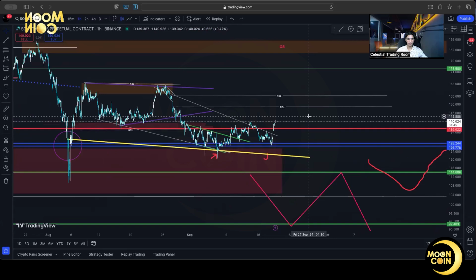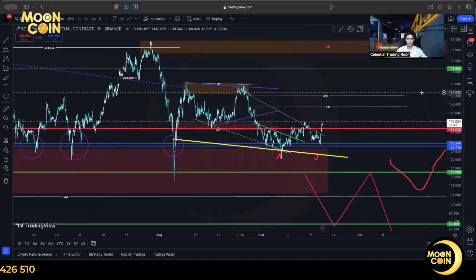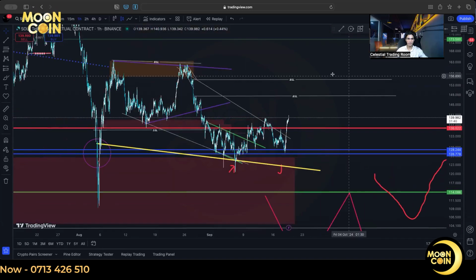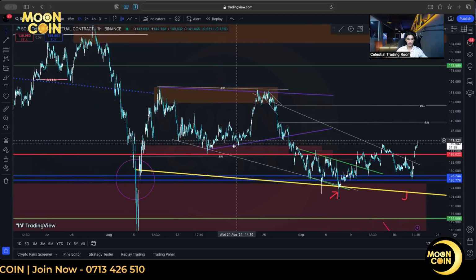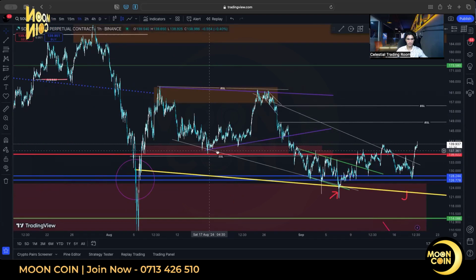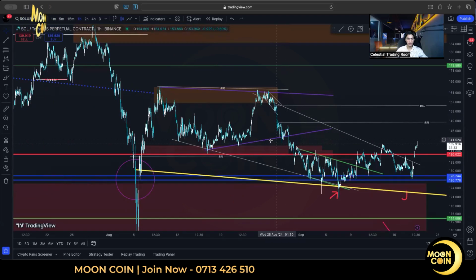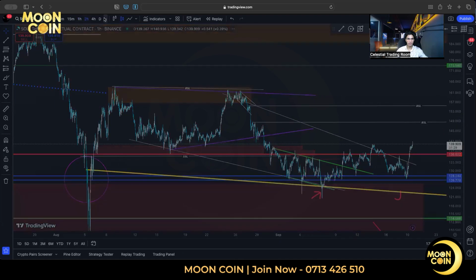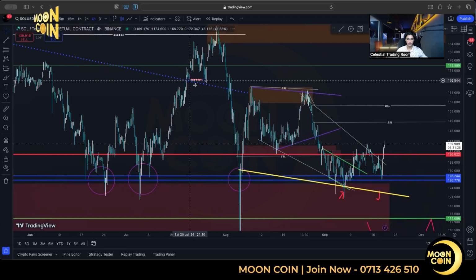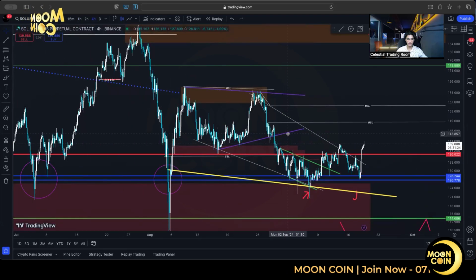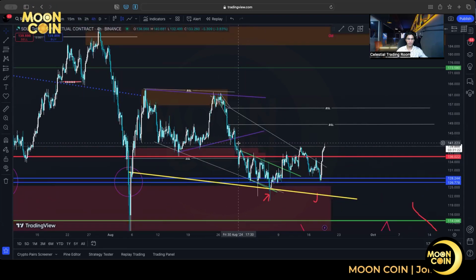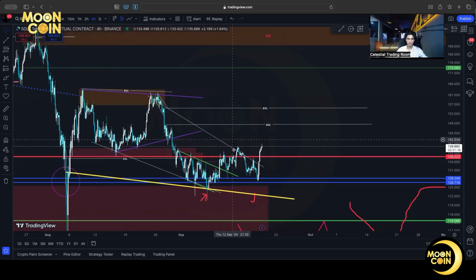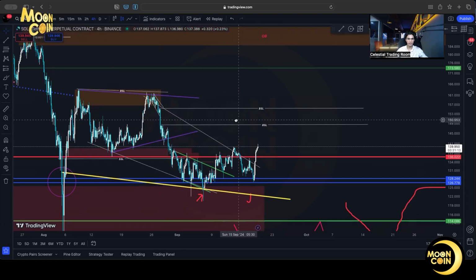Previously, in the duration of August 17 to August 29, we had a major trend line on the 1 hour, and we can take it as a 4 hour chart. After the breakout of that, we had a small dump, and now the market is going to refill this imbalance.